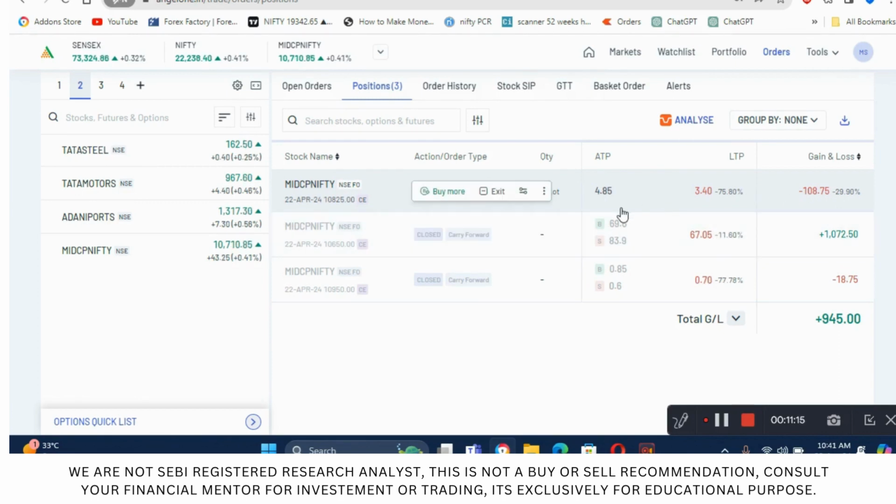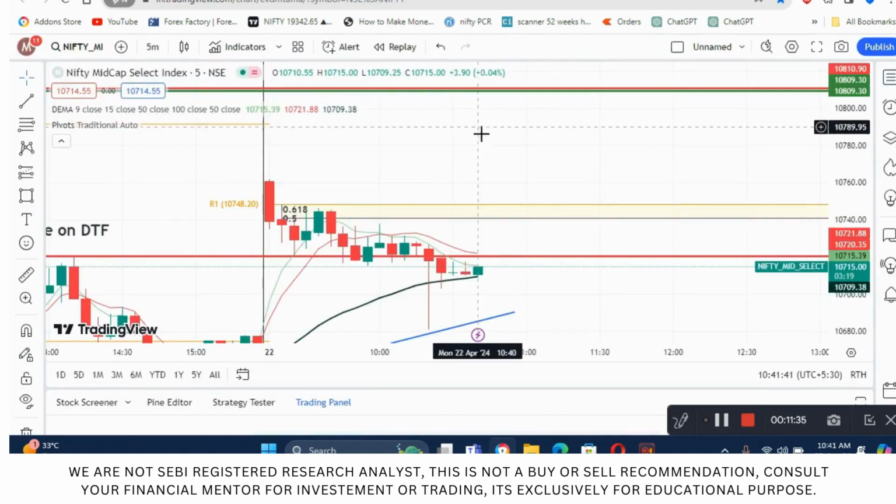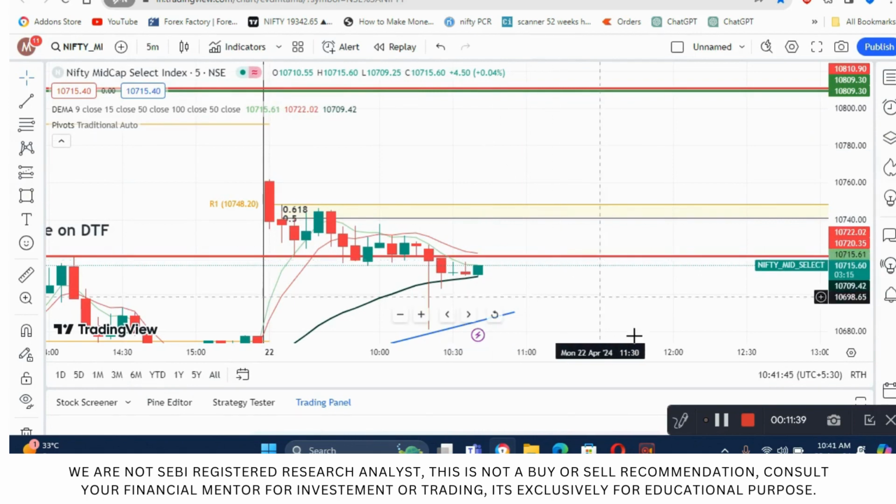That's the reason I am not exiting this position. The maximum loss with this position is 363 rupees, friends. 4.85 into 75, each lot has 75 quantity. So the maximum loss we can have here is 360 rupees. But if the market gives upside momentum, then we can make a good profit. That's the reason I am not exiting the position.